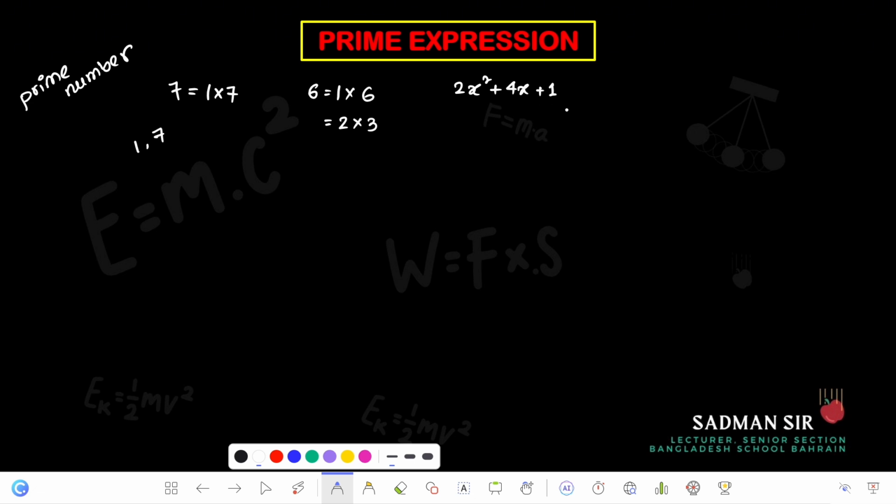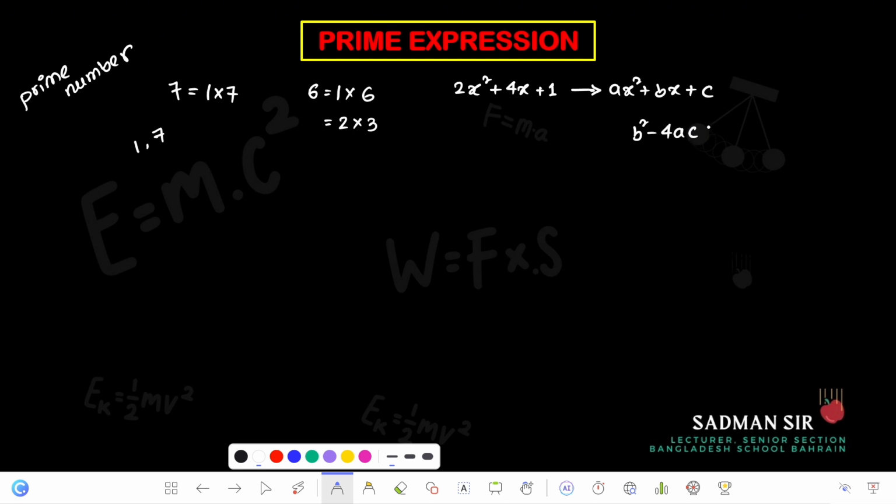Now how can you check whether this expression is a prime expression or not? The way to find out is that you have to compare this one with ax squared plus bx plus c. After comparing, you have to find out the value of b squared minus 4ac.